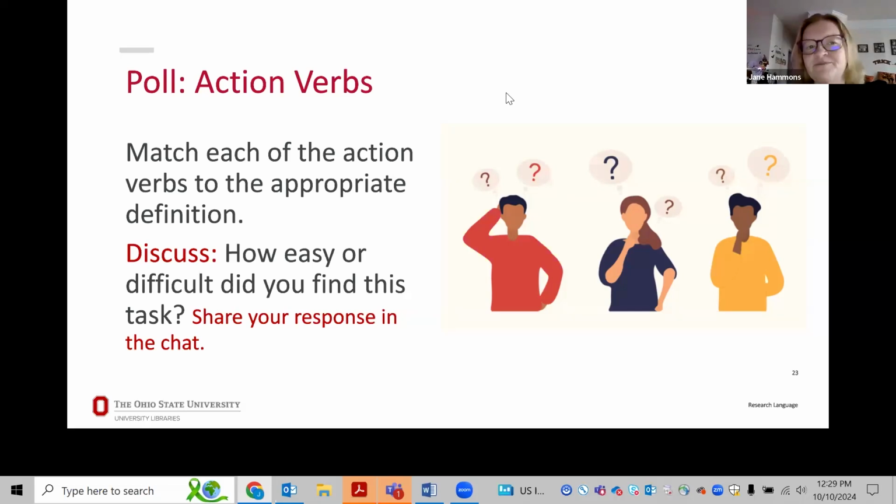So as you put your response in there, please feel free to share how easy or difficult you found this to be, and what challenges you might have had in completing this. And I'll give everyone a few more seconds to complete this because we're already rapidly running out of time and I have so much more to cover. This maybe should have been a 75-minute one.